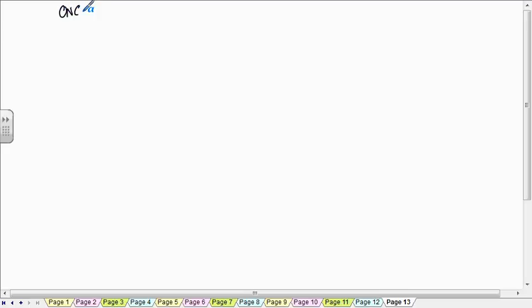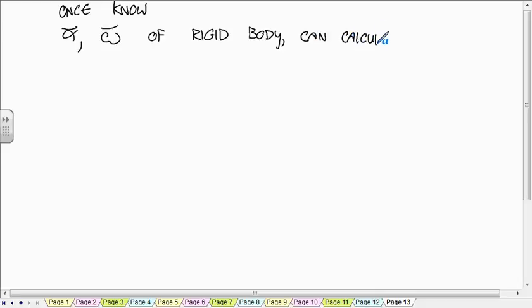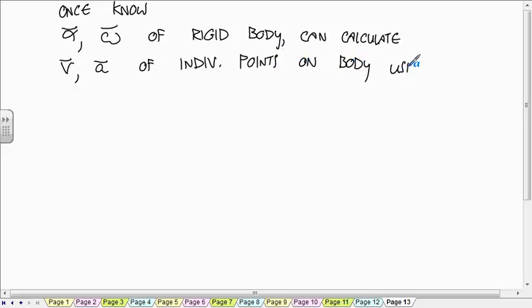Once you know the angular acceleration and the angular velocity of a rigid body, you can calculate the velocity and the acceleration of individual points on the body using the equations that we were using for circular and spherical motion.